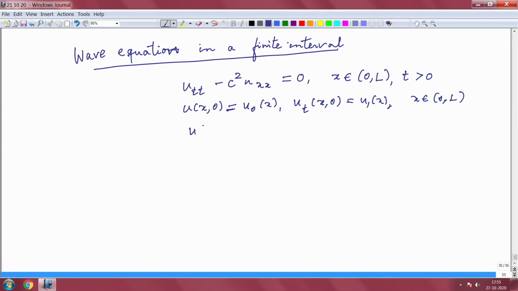So, we have to provide 0 t. So, let me call it h 1 t, for simplicity again Dirichlet boundary condition. You can also take Neumann boundary condition, h 2 t.